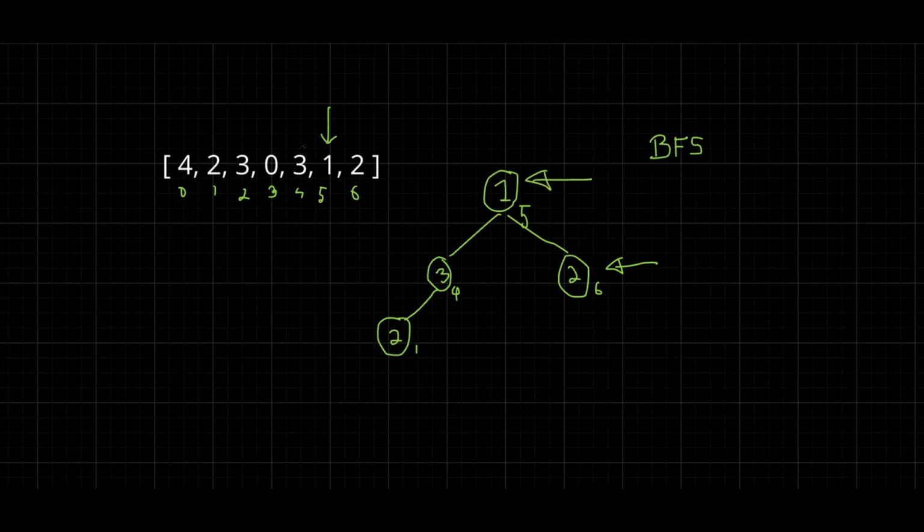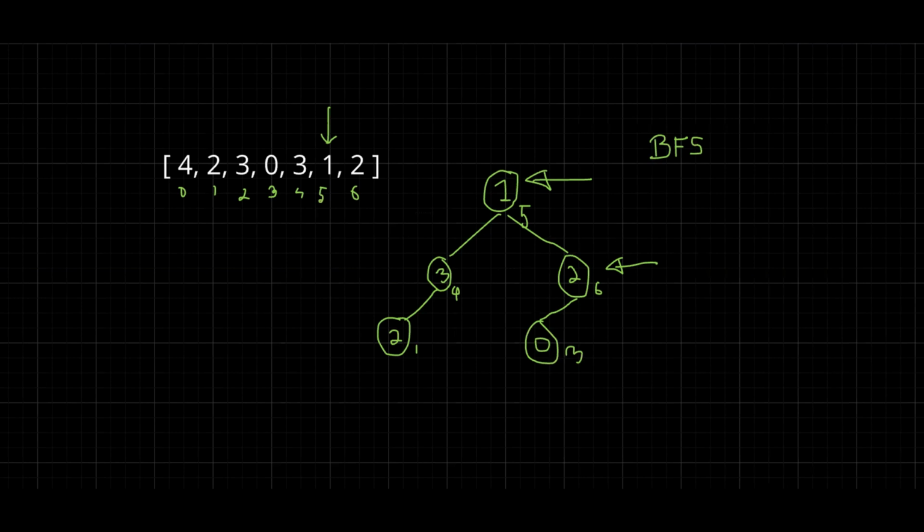From node 2, we can go 2 units to the right side or 2 units to the left side. So from 2, we will go to the node 0, which has the index number 3. So we have processed this second level.